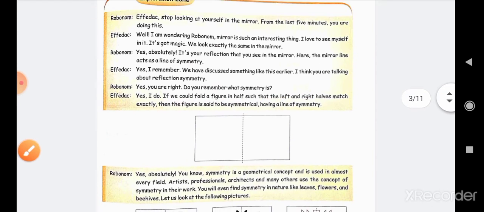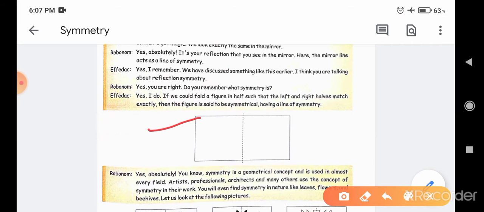For example, here is a figure, and this shape is folded into two halves. This is folded from here. This is the left half and this is the right half.